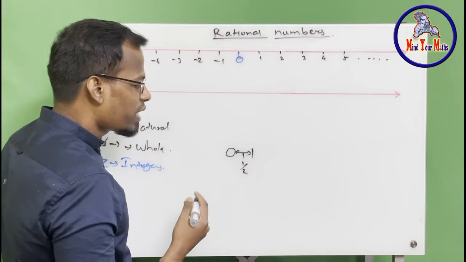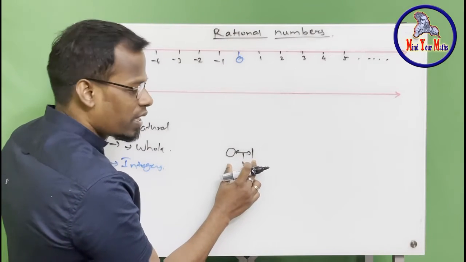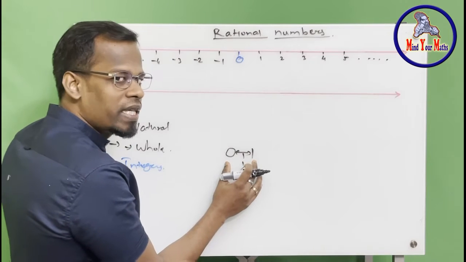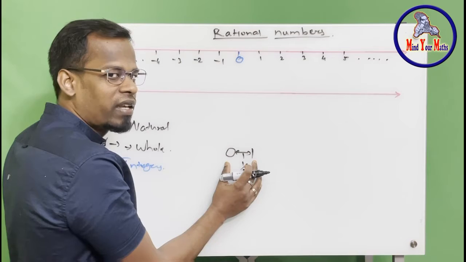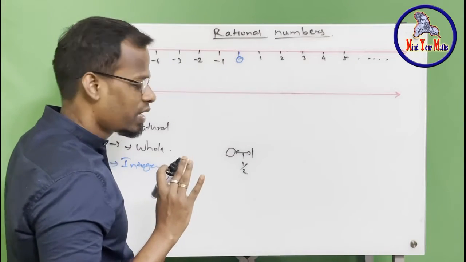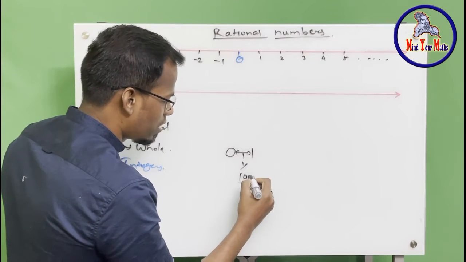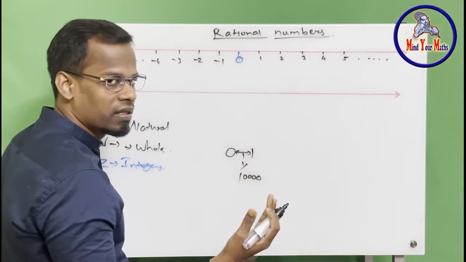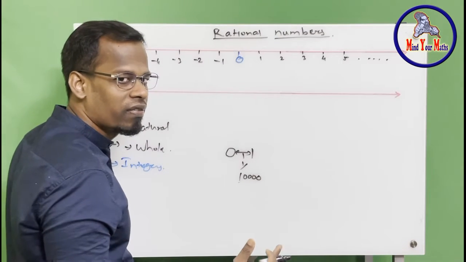So between 0 and 1, there are as many pieces as you want to cut this single apple into. How many pieces can you cut? It is again infinite. You can cut one apple into even 1,000 or 10,000 pieces. There is no count for it. It's an infinite number of pieces.